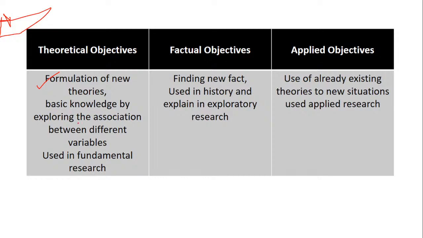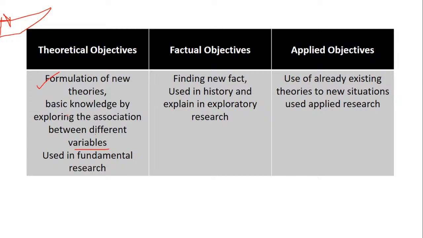Basic knowledge by exploring the association between different variables. So there is an exploration, which can happen by connecting or associating those variables in a different way. So what impact the variables have on each other, that is one aspect of theoretical objective.